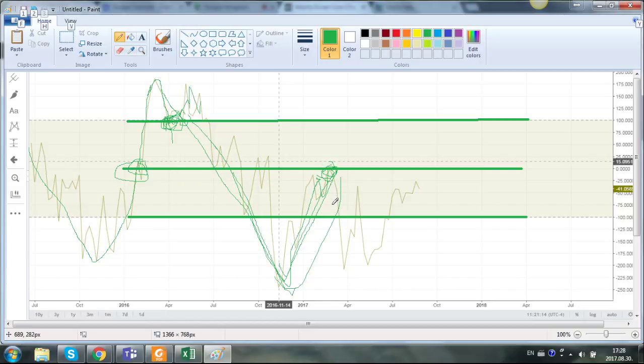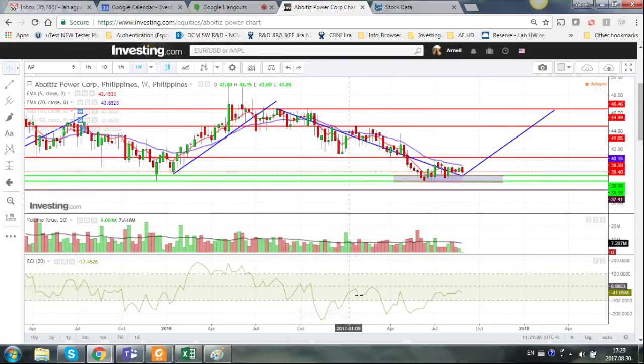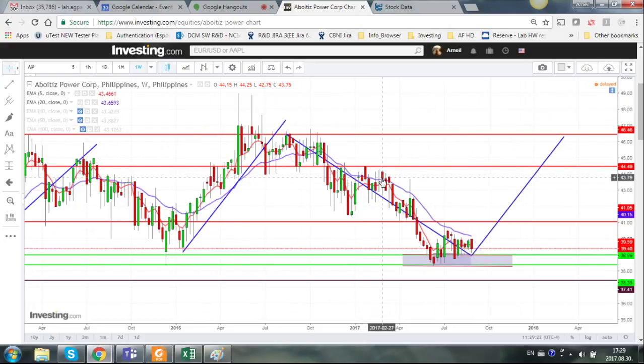Alright, so yan ang buy mo. But as you can see, bumalik. So that's very tricky. Bumalik siya. So kailangan lumampas. At using also moving average. Tingnan mo. Ito yung buy mo. Ngayon, kung bumili ka dyan at hindi mo chinek yung moving average, malamang malulugi ka kasi pag nabili mo siya dito, downtrend pa pala yung stock.